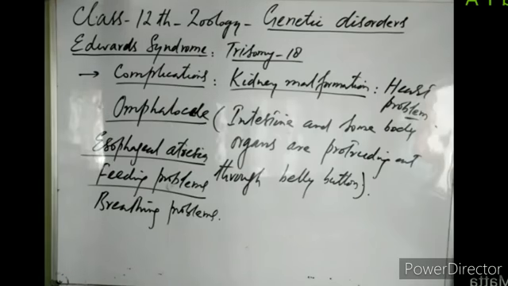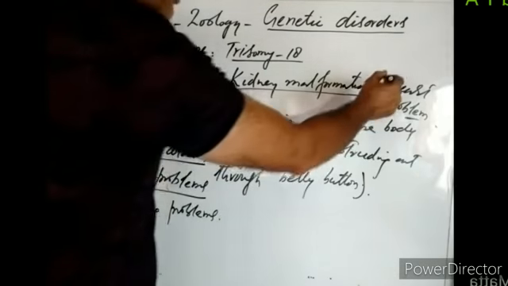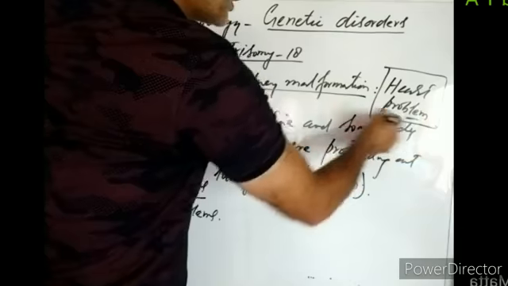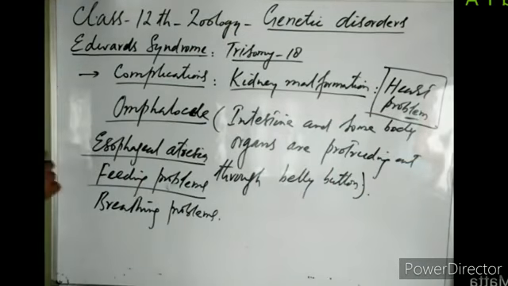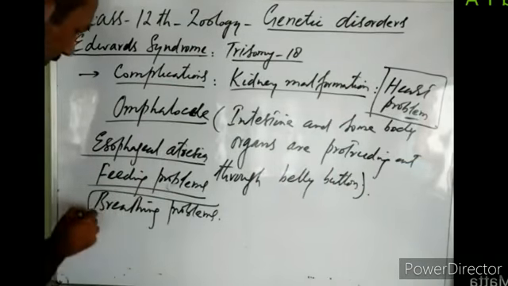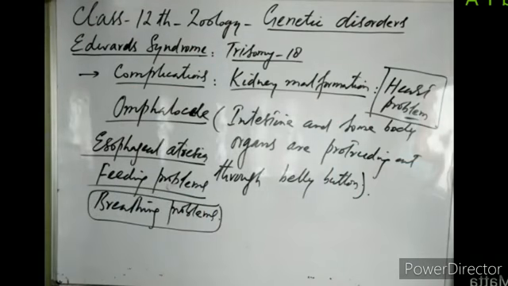Most of the deaths occur due to heart problems. In these patients, most of the deaths occur due to heart problems and breathing problems. They develop sleep apnea. Most of the infants born with Edwards syndrome die while sleeping. They get choked while sleeping because of problems in their breathing.